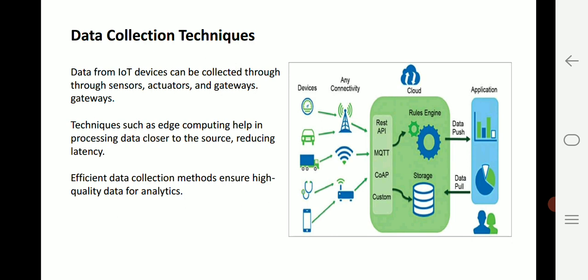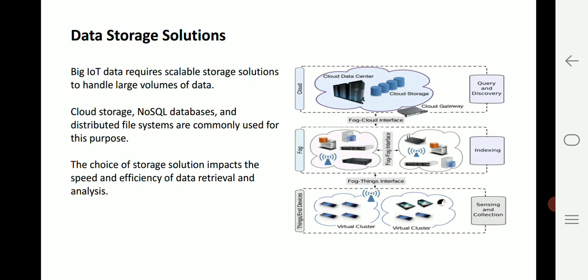So this is the overall process of how the data will be collected and how we can use it in real-time applications.